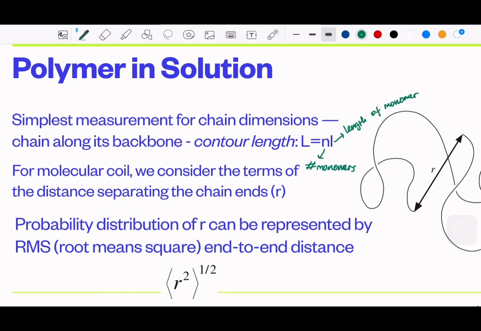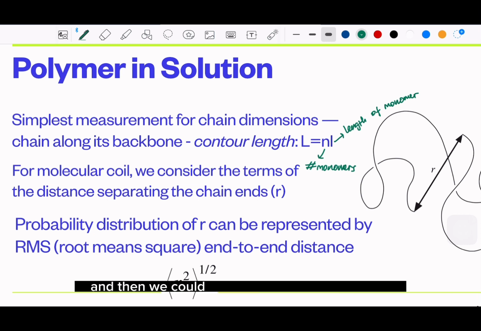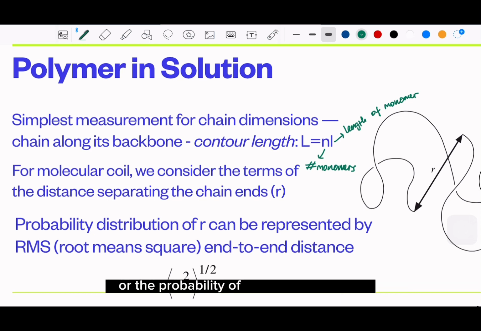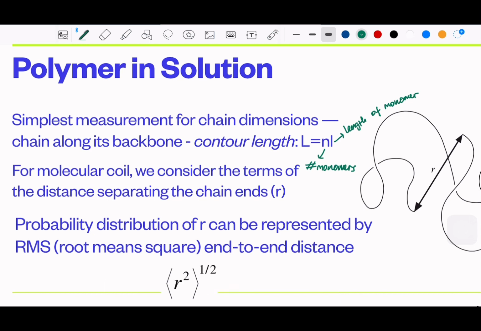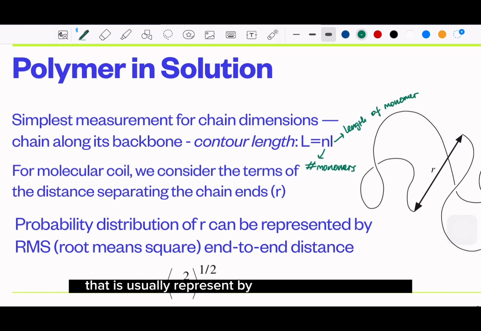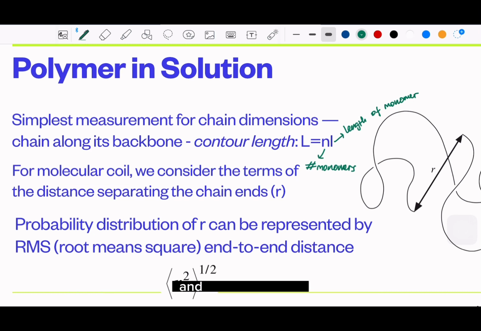And then we could also take the probability distribution of R, which is usually represented by the root mean square end-to-end distance, or R squared with power of half.